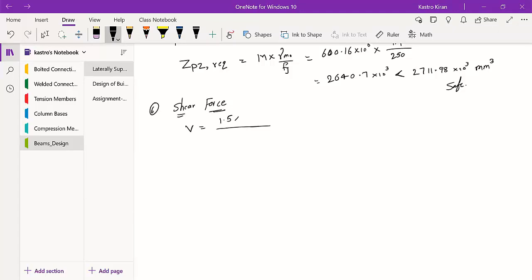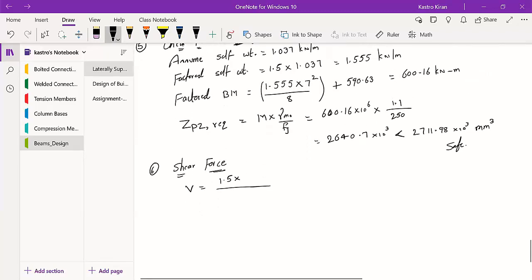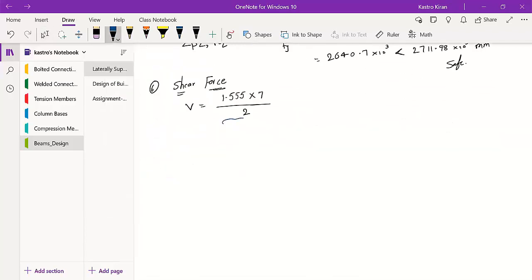So the factored shear force will be 1.5 into 1.037, which is 1.555. I'm directly writing this value: 1.555 into L, that is the span, upon 2. Remember, this entire term is for the self weight.